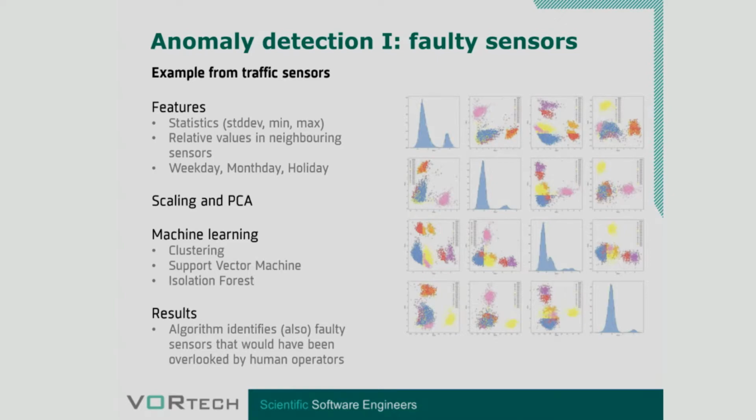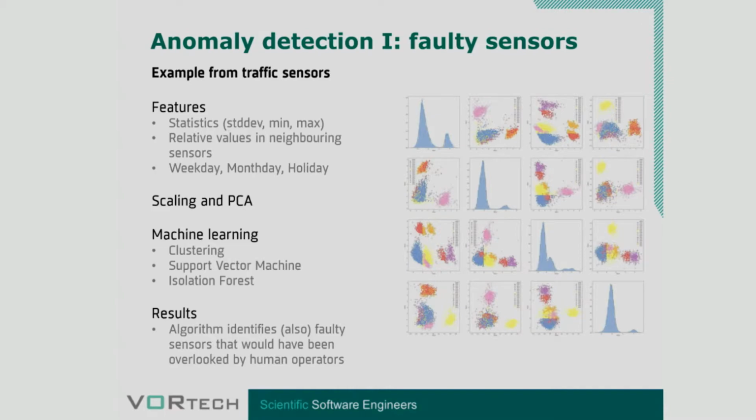So we approached this in the way that you do it if you are going to use machine learning. So the first step that you take is you define the features. Features are the form of the data that you expect is going to be indicative of the errors or the problems that you expect to find.